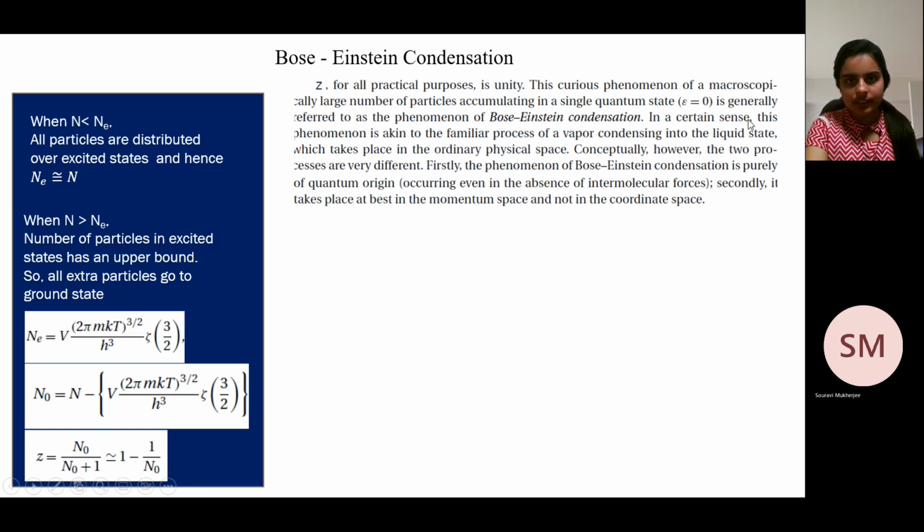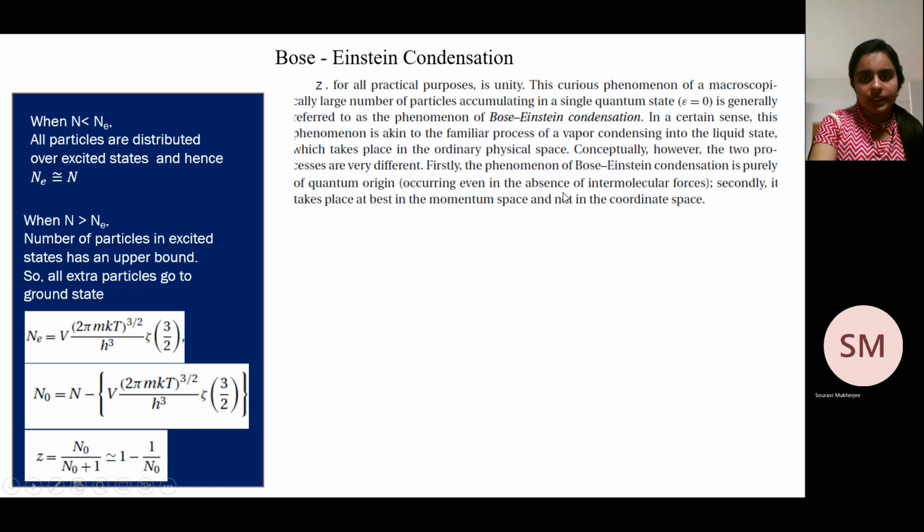In a certain sense, this phenomenon is akin to the familiar process of vapor condensing into a liquid state. But there is a very important difference. When vapor condenses into the liquid phase, that takes place in physical space, in coordinate space. But here, Bose-Einstein condensation is purely of quantum origin.